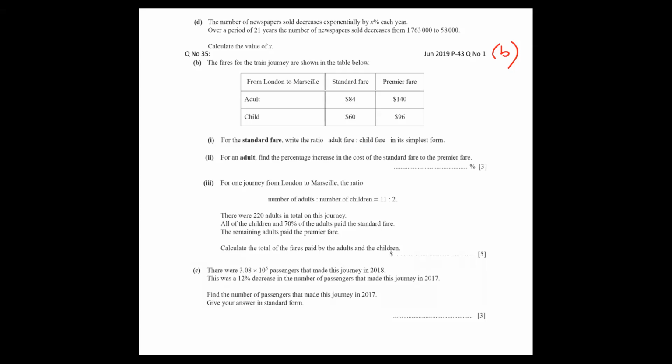So let's find it. Ratio for adult fare and child fare, but he is asking for the standard one, so I will take this one. 84 to 60.